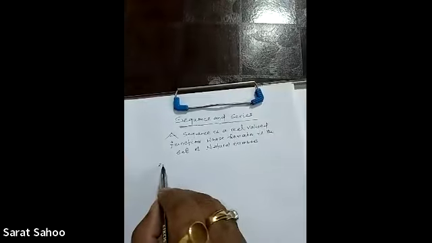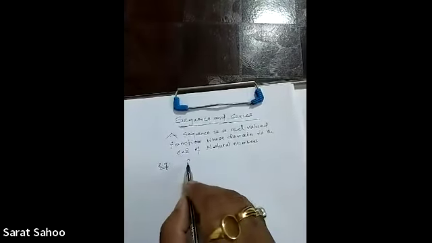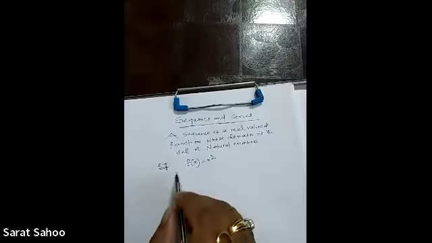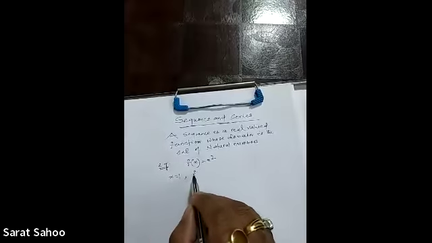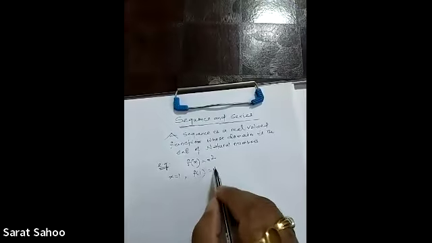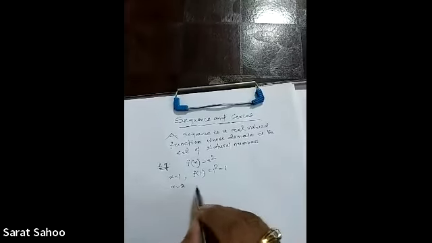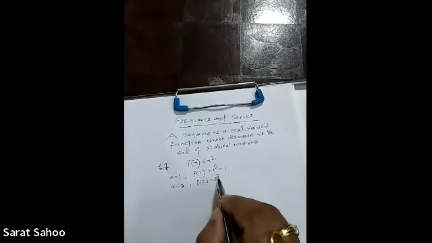For example, consider the function f of x is equal to x square. If you take x is equal to 1, then f of 1 is equal to 1 square, which is equal to 1. If you take x is equal to 2, f of 2 is equal to 2 square, which is equal to 4.